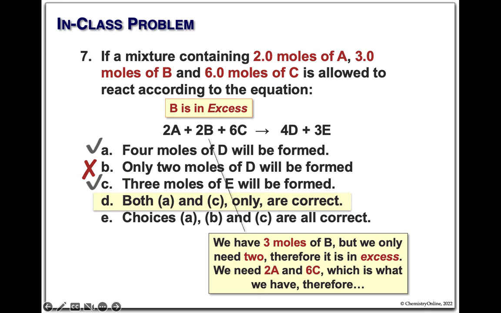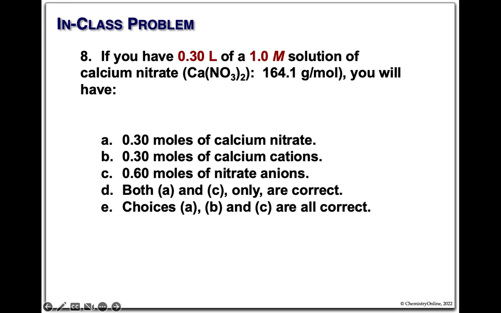All right. Here we have calcium nitrate in solution. It's a 1 molar solution. We have 0.3 liters of it. We want to know how much calcium, how much nitrate, how much calcium nitrate. What I want you to remember, here we have 1 calcium and 2 nitrates.